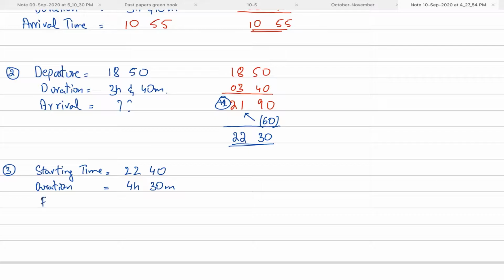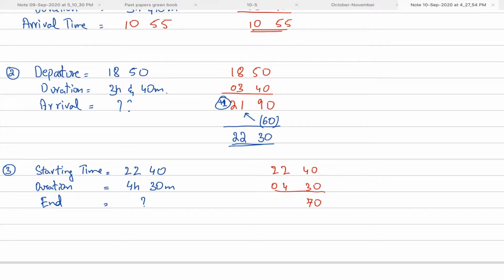So at what time will it end? Let's see. Here we're going to learn two concepts at once. Theoretically we're going to take 22:40 and add 4 hours and 30 minutes, and we can see that 40 plus 30 is equal to 70, and right away there's a problem: the number of minutes has exceeded 60. You and I both know how to fix that.